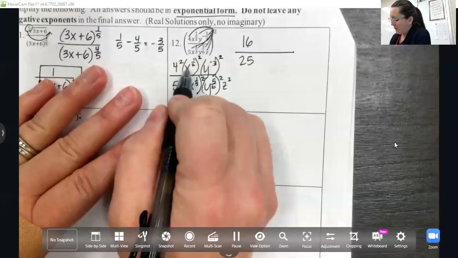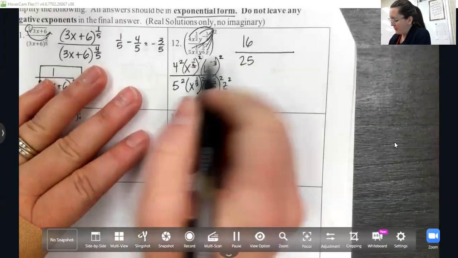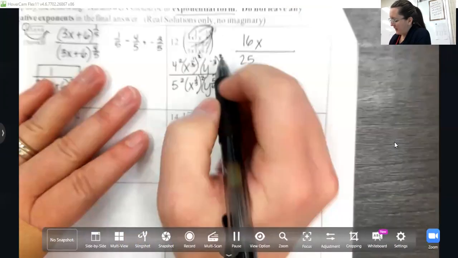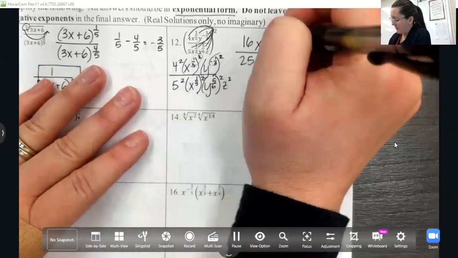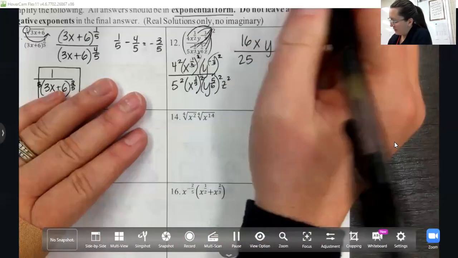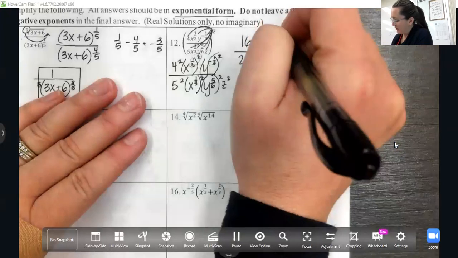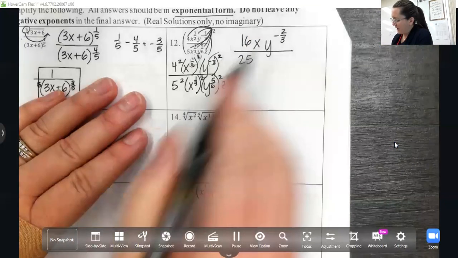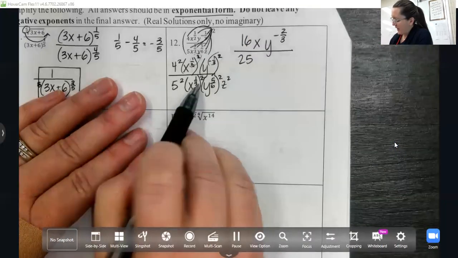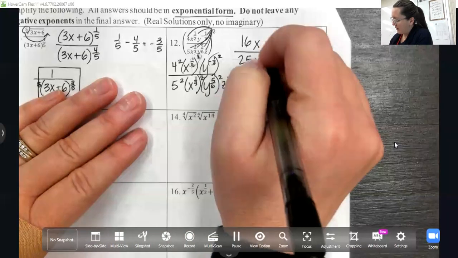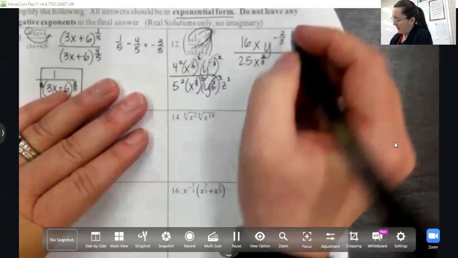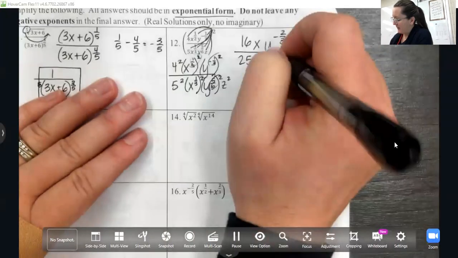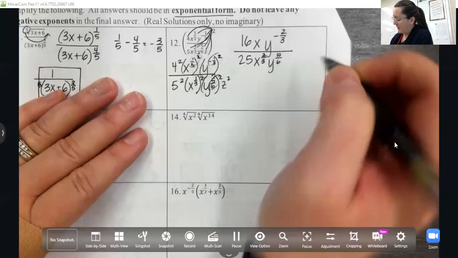X to the 1/2 times 2, half of 2 is just 1, right? And then negative 1/3 times 2 is y to the negative 2/3, right? Negative 2/3. 5 squared is 25. We already did that. 1/3 squared is x to the 2/3. And then multiplying these, 5/6 times 2 is 10/6. And then z squared.